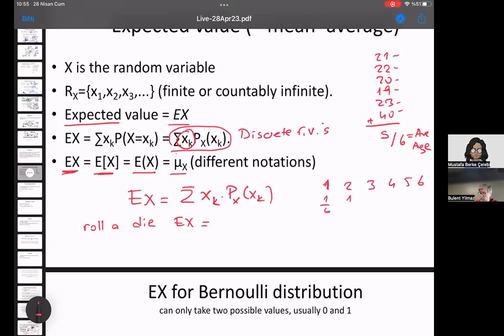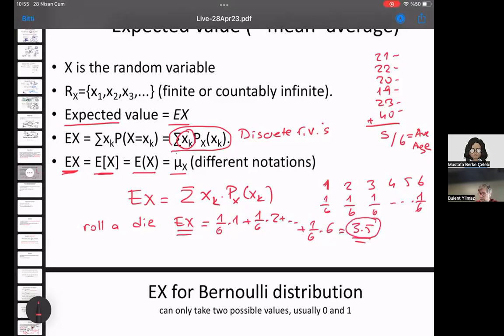What's the probability of obtaining 2? 1 over 6, and so on. So I do 1 over 6 times 1 plus 1 over 6 times 2, and so on, and 1 over 6 times 6, which is 3.5. This is my expected value. This is my mean. This is my average.